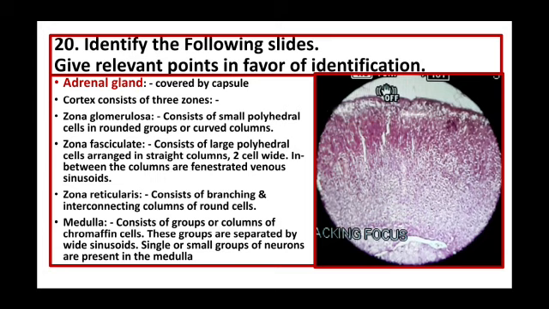In the medulla, there are groups or columns of chromaffin cells. These cells are separated by wide sinusoids. Apart from this, single or small groups of neurons are also present in the medulla.